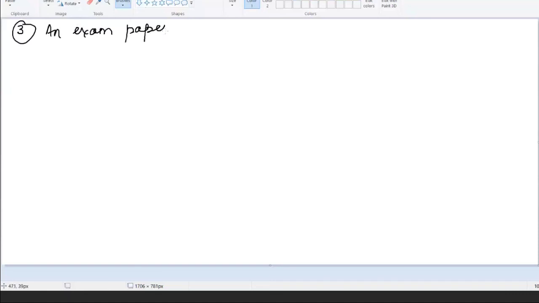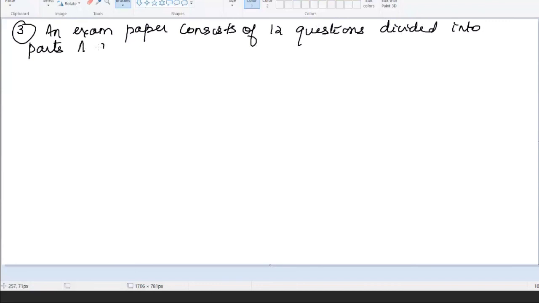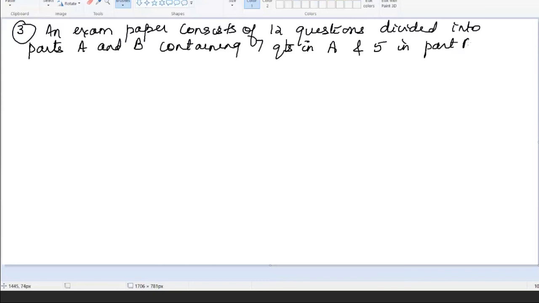An exam paper consists of 12 questions, divided into parts A and B, containing 7 questions in part A and 5 in part B, full stop.